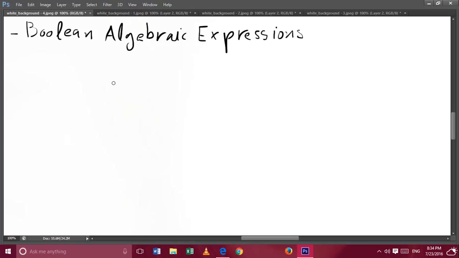So to start, we will need to learn the notation first. We agreed before that if we have A and B, and all possible combinations, these are all possible combinations right here.